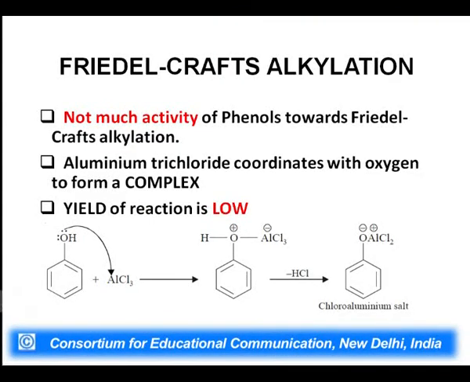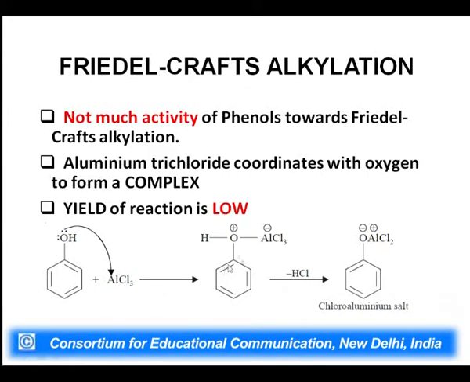The reason is that the AlCl3, which we know we use to generate the electrophile, in this case reacts with the lone pair of electrons on oxygen to form a complex, and hence this AlCl3, which was supposed to generate the electrophile, fails to do so.